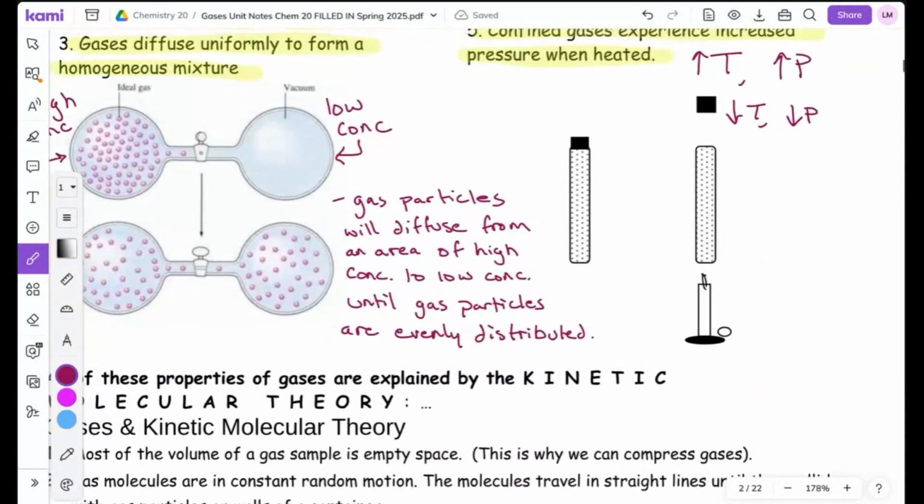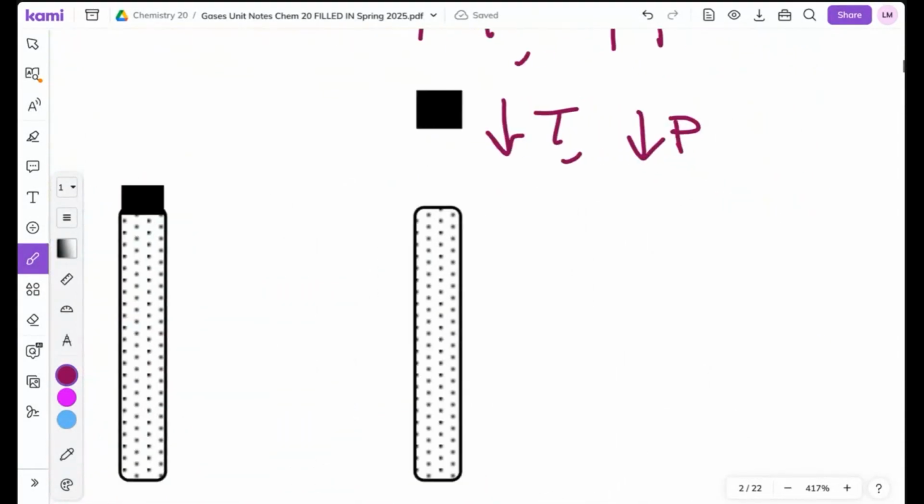So let's write out what I've just said about how gas pressure is created.